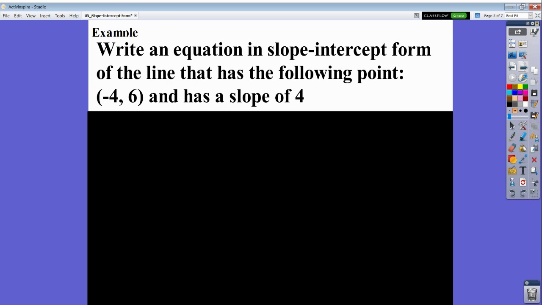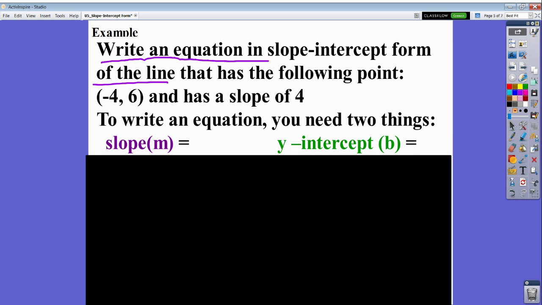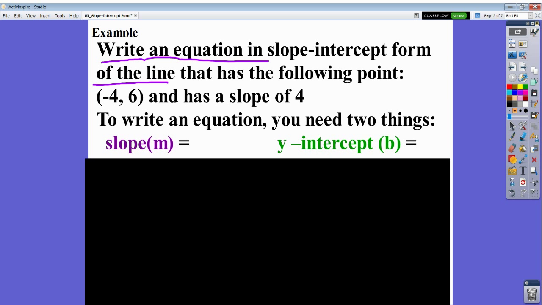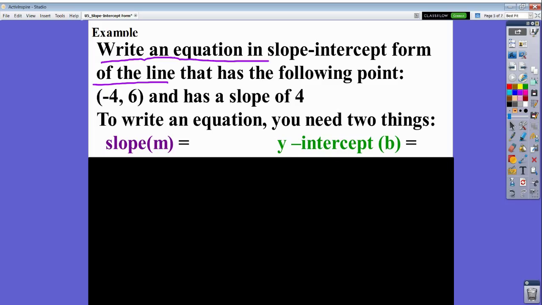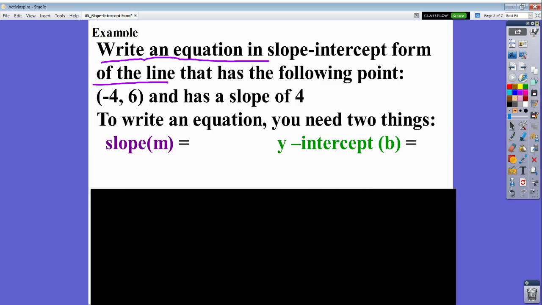Let's look at the next one. They ask us to write the equation in slope-intercept form of the line that has the following point, (-4, 6), and has a slope of 4. Again, they tell us to write an equation of the line, so what two things do we need to find? The m and the b. The m is the slope and b is the y-intercept.